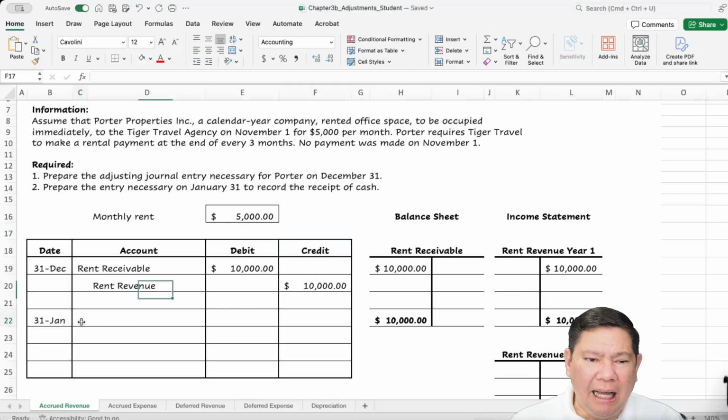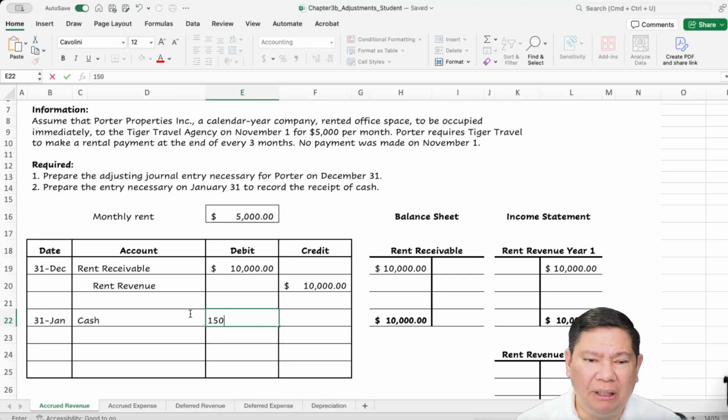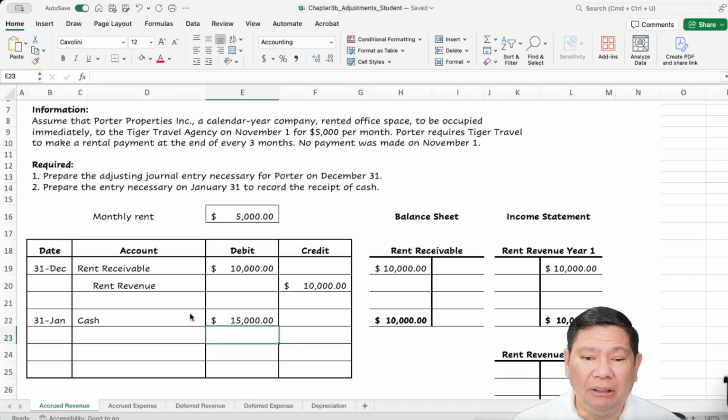Okay, so we get to the end of January when we are going to receive the payment. Cash is received, but this covers 3 months, November, December, and January. So that's going to be $15,000. What is that $15,000 for? Well, the receivable here, $10,000 for November and December, will be paid.